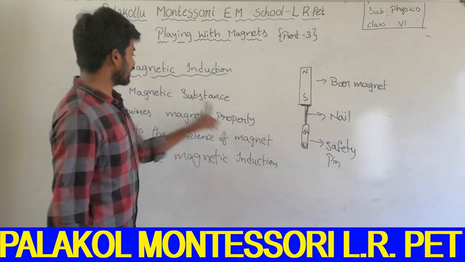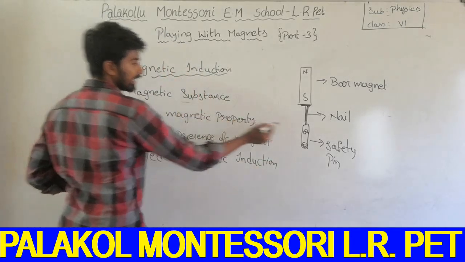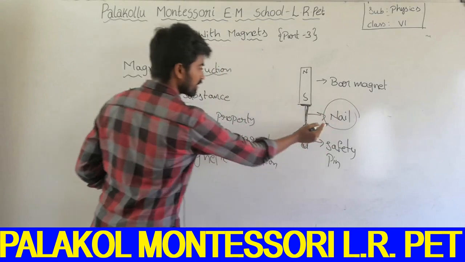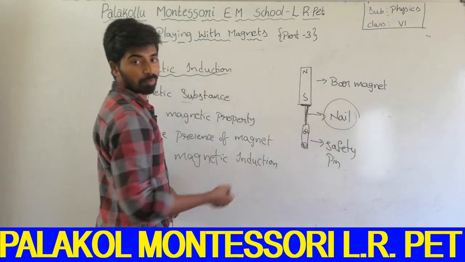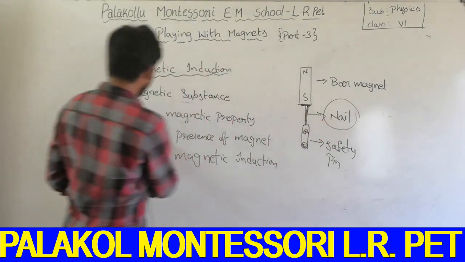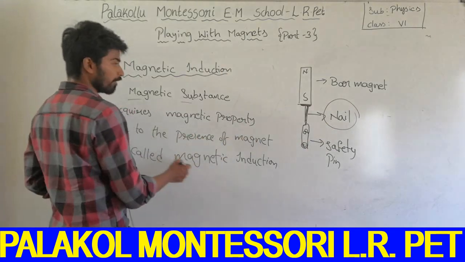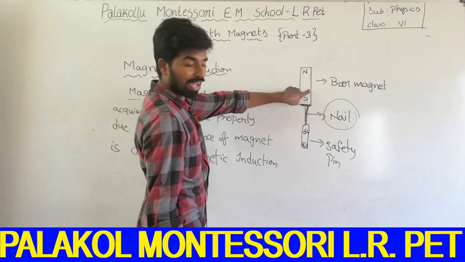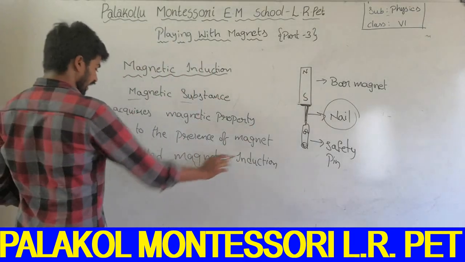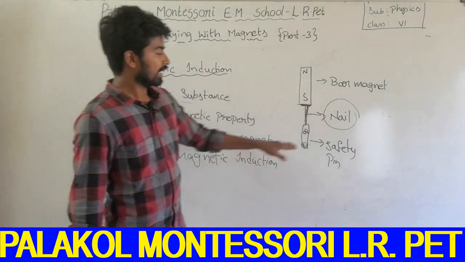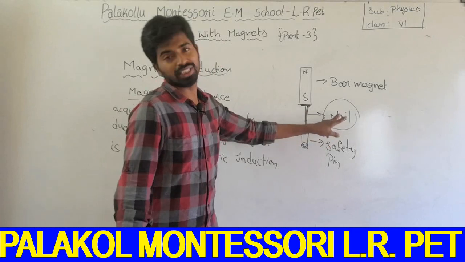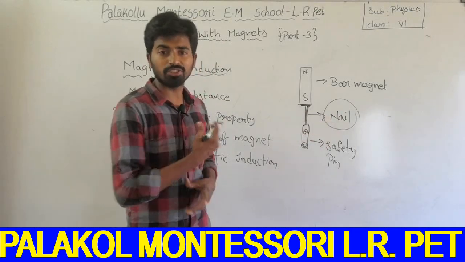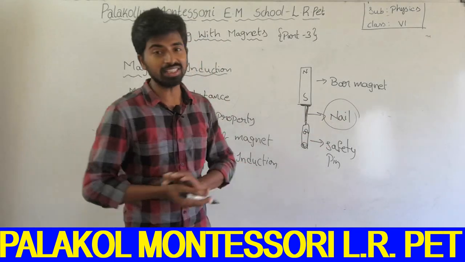Here the magnetic substance, the nail, acquires magnetic property. Why has this nail acquired magnetic property? Due to the presence of the bar magnet. That magnetic property produced in this nail, that phenomenon, is called magnetic induction.